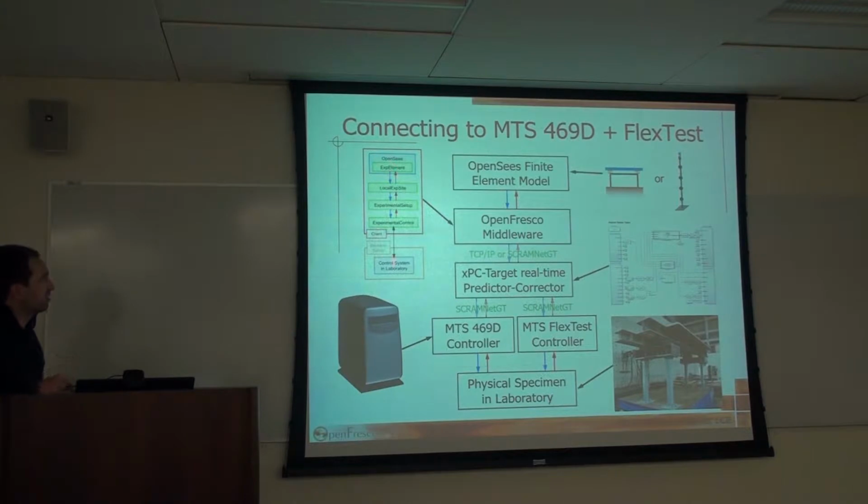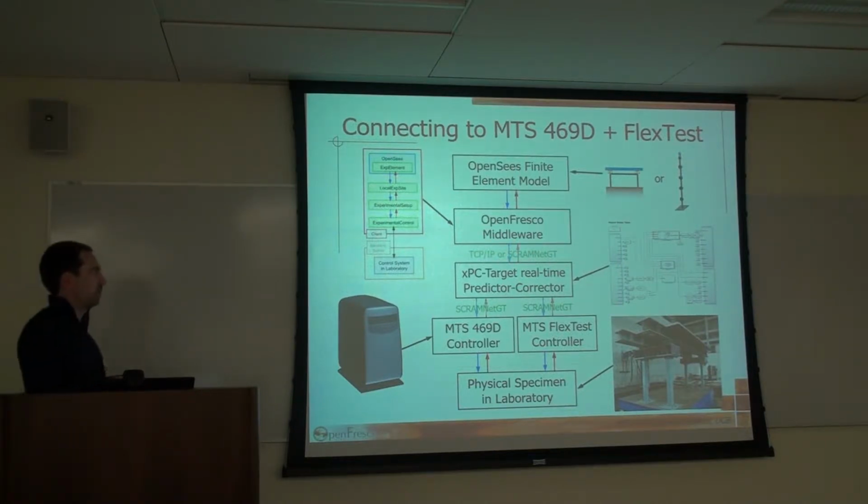And as you can see on the left here, we're doing this as a local test. Obviously, because we have to do this as fast as possible, so we want to have minimum delays. So local test. And then from OpenFresco, we talk to our xPC target, or newly it's called Simulink Real-Time, where we run our predictor-corrector model. And we talk through that through ScramNet GT.